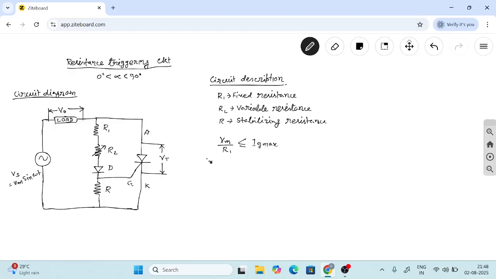So here Ig max is the maximum possible gate current.